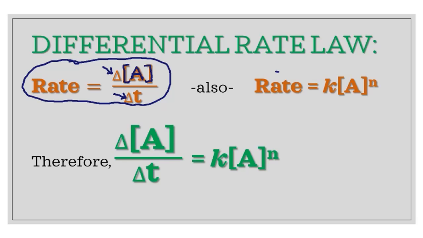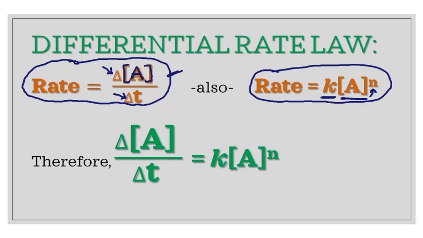Also, the rate law that I was just talking about is the rate equals K, this rate constant, times the concentration of A to the power of whatever order we've figured out. So if these are both correct, this is correct and this is correct also for rate.